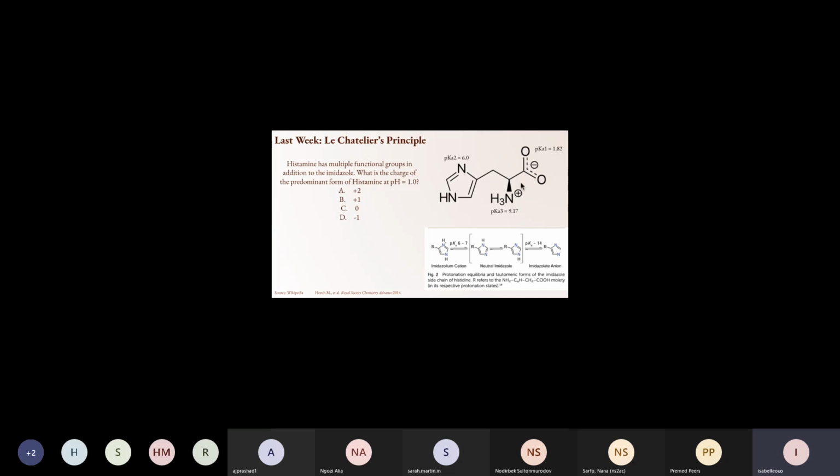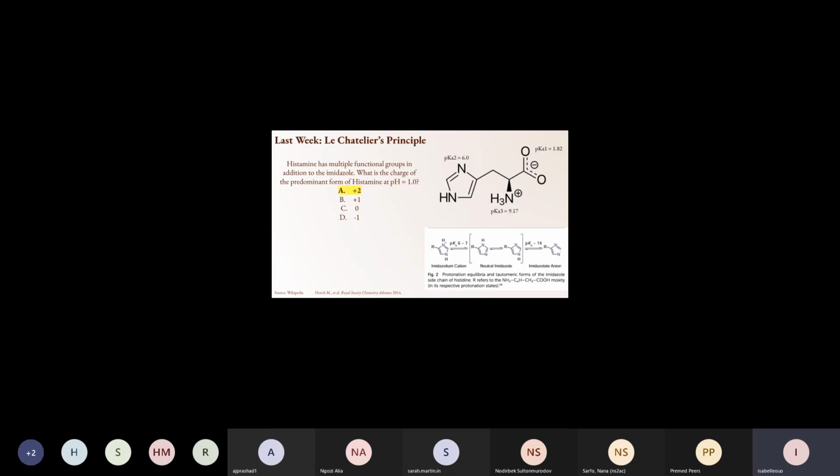That means that this NH3 would likely stay protonated. So with the third functional group also being in a positive form, we calculated the first one would be neutral, 0. The second one would be +1. The third one would also be +1. Therefore, the correct answer would be +2, which is A.